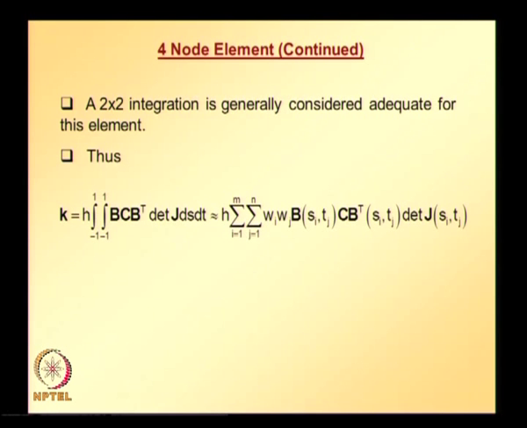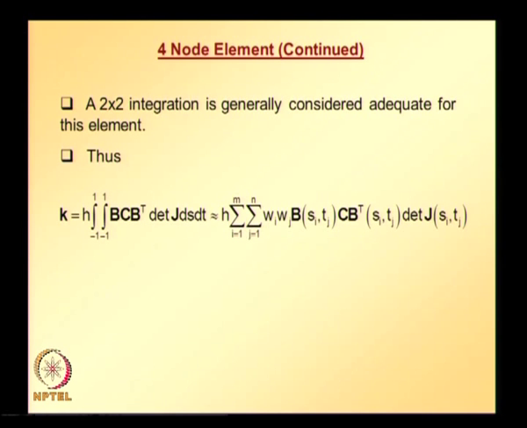Evaluate all the quantities in the integrand at these integration points, multiply the integrand value at each integration point with the corresponding weight, and sum up the contribution from all the integration points.